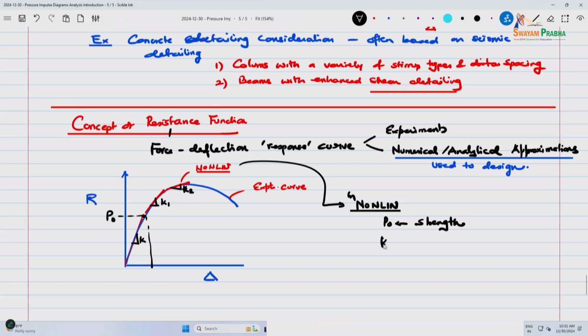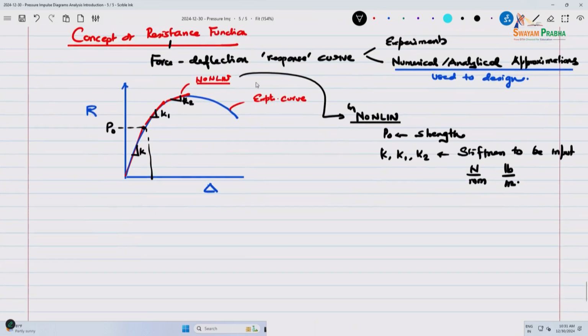So K, K1, K2, or just K and K1 alone, are stiffnesses to be input. And these stiffnesses are either in newtons per millimeter or newtons per meter or in pounds per inch. So the system itself solves three different equations depending on how many you provide.